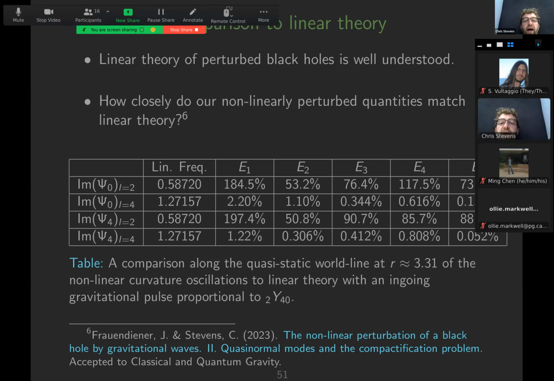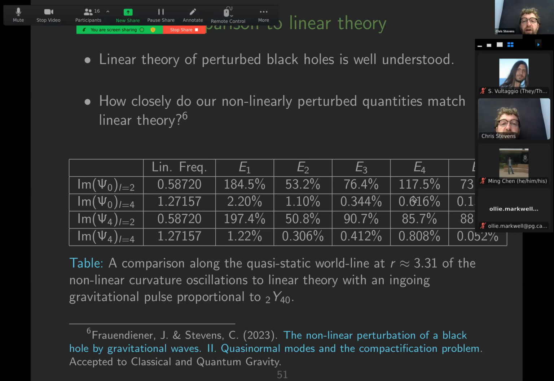But even after the first couple of oscillations, comparing to the linear frequency, even here, these are only half periods, each of these columns that we approximate the frequency, this is already within 0.1% of the linear prediction, which is quite amazing.